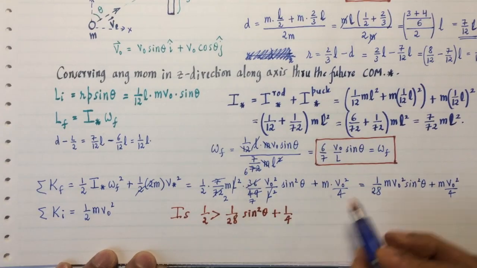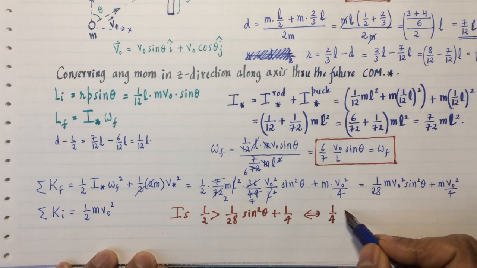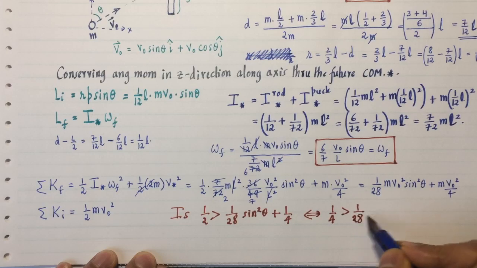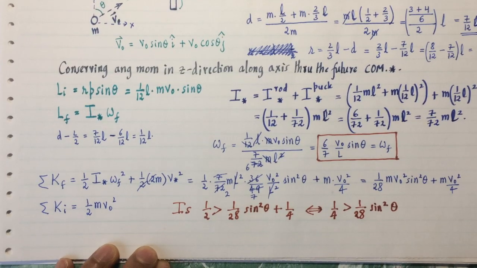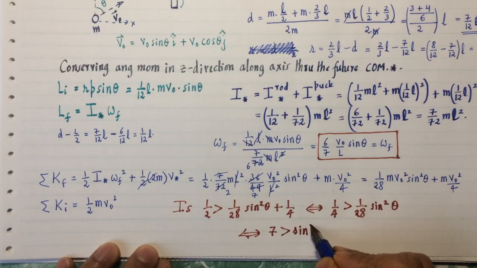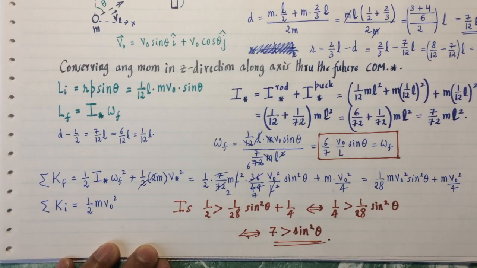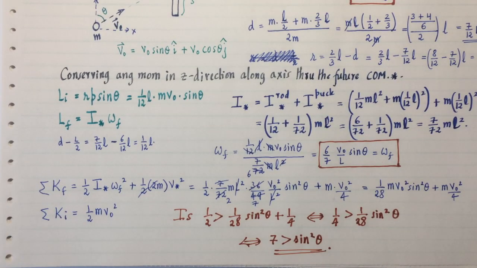If I subtract 1/4 from both sides, that's equivalent to asking the question, is 1/4 bigger than 1/28 sine squared theta? Let me multiply both sides by 28. So that statement is the same as asking if 7 is bigger than sine squared theta. And it is, because sine squared theta can never be bigger than 1. So energy is lost.